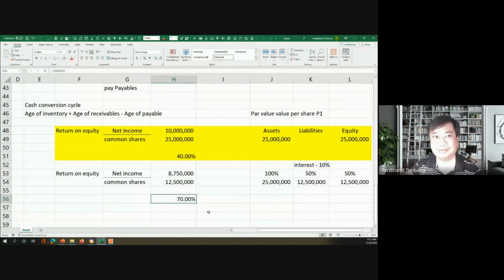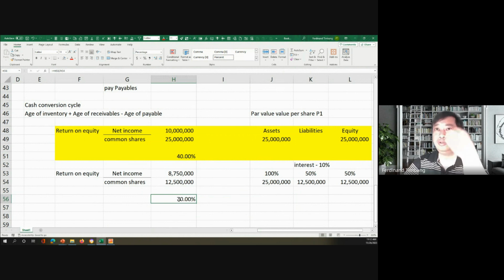Di ba mataas? Simply because you borrowed money instead of just using the equity. So even if you paid, let's say, 1,250,000 for the interest, the ultimate effect on the return on equity is higher.